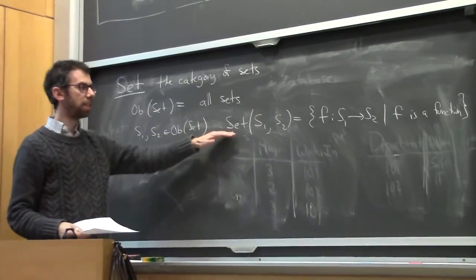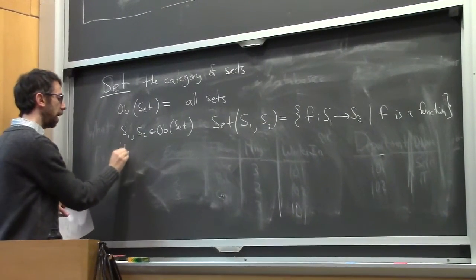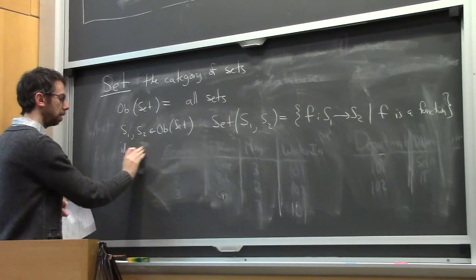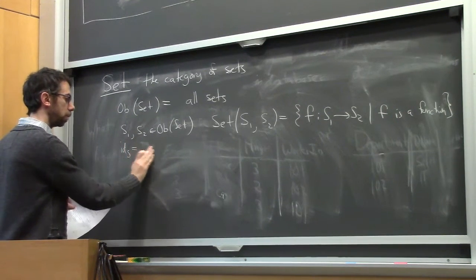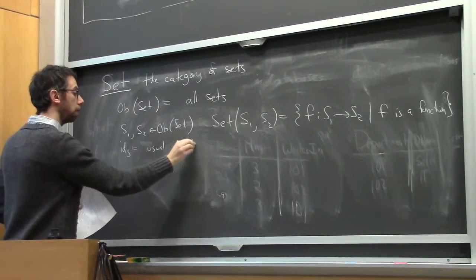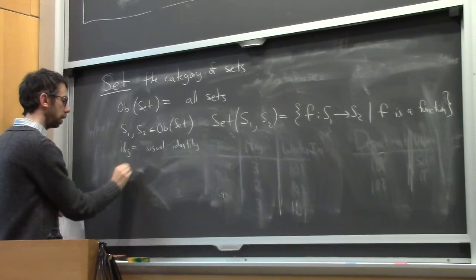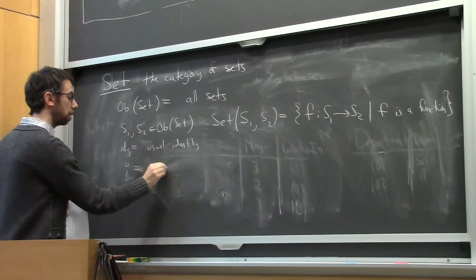So in the category of sets, the objects are sets and the morphisms are functions. And the identity on S is the usual identity. It sends every element of S to itself. And the composition is the usual composition.